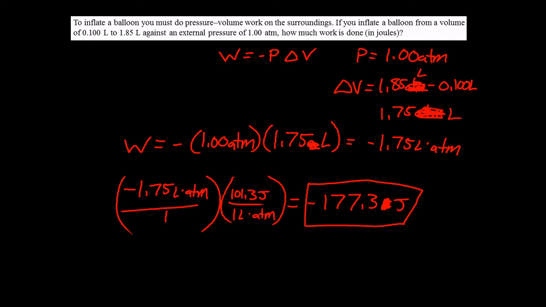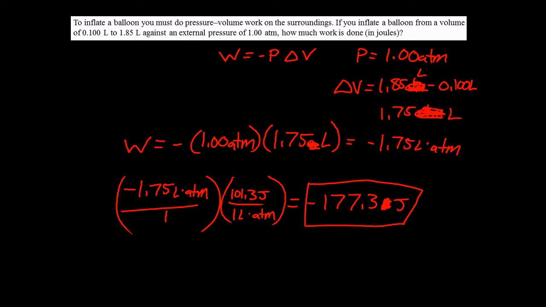If we think about the sign for the work here, it makes sense. We have a balloon, and the gas inside the balloon, based on the sign that we're given, is doing work on the surroundings. Because if you remember, a negative work means that your system is doing work on the surroundings. And that makes sense because the gas inside the balloon, as it is expanding the balloon, has to push the atmosphere out of the way.